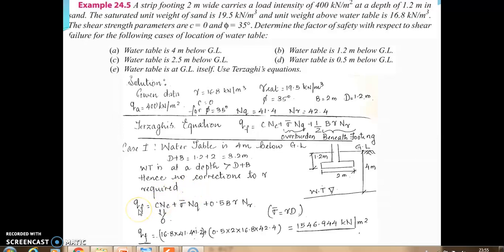So my equation qf, c Nc becomes 0 because c is 0. Sigma Nq plus 0.5 B gamma N gamma. What is sigma? Overburden, given as depth of foundation into unit weight. So this term is 0. This sigma is going to be 16.8 into 1.2.